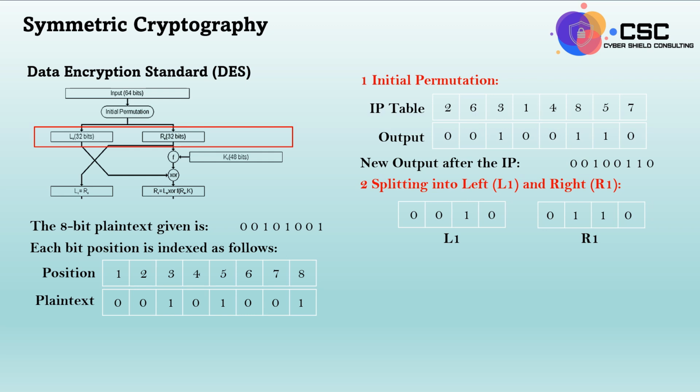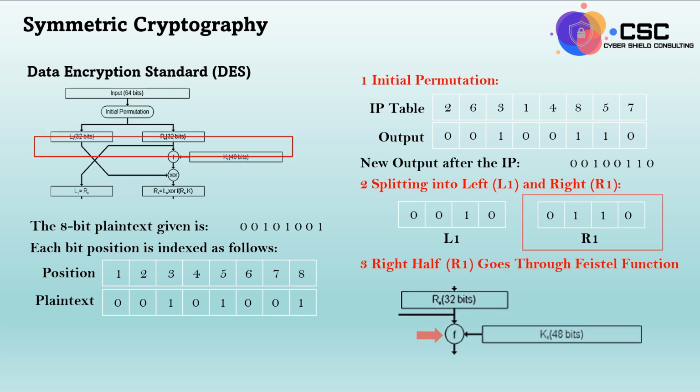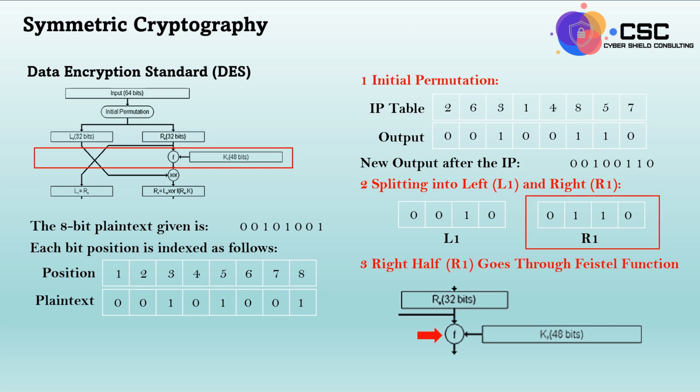The right half R1 is processed using the Feistel function, the F function. This is where DES applies complex transformations, including expansion, XOR with the subkey, substitution, and permutation. We'll now dive deeper into the Feistel function to see how encryption actually takes place.